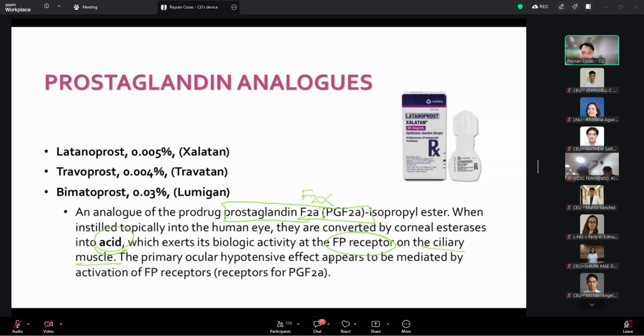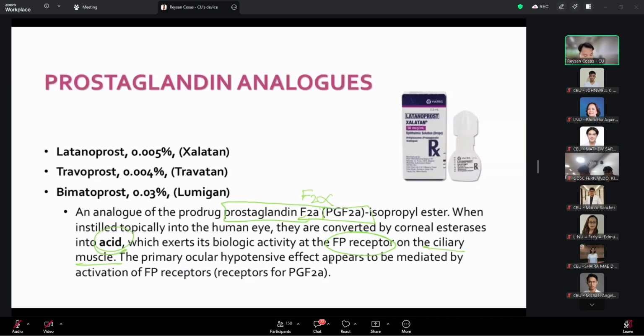Binding of the drug to the FP receptor would increase the uveoscleral outflow. So, ano po ba yung FP receptor na yun? The FP receptors are just the receptors of prostaglandin F2 alpha in the eyes. That's how these prostaglandin analogs work, based on their molecular mechanism.